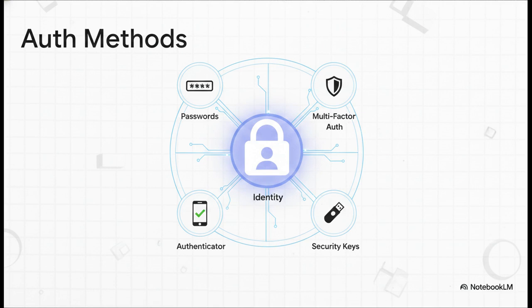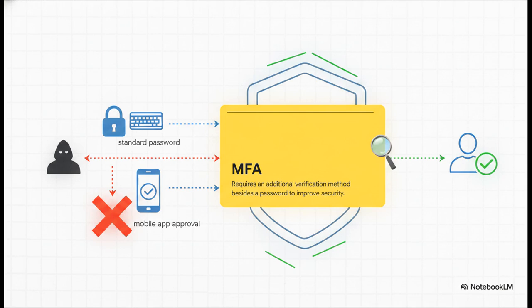Having this varied toolkit allows organizations to step up their security posture way beyond simple text-based passwords. By requiring multi-factor authentication, or MFA, which is just an additional verification method besides a password, you significantly harden that authentication gate. Just think about the risk for a second.